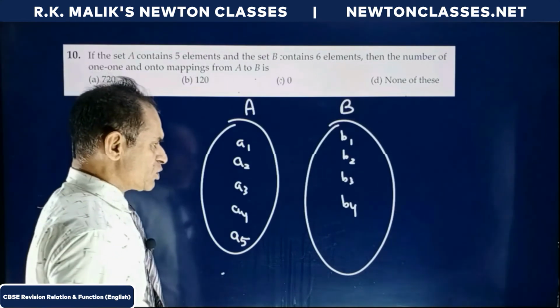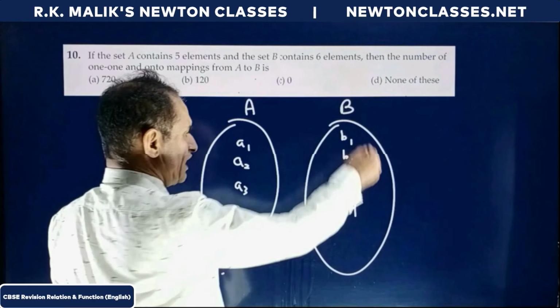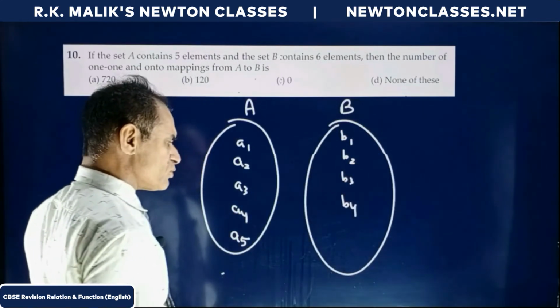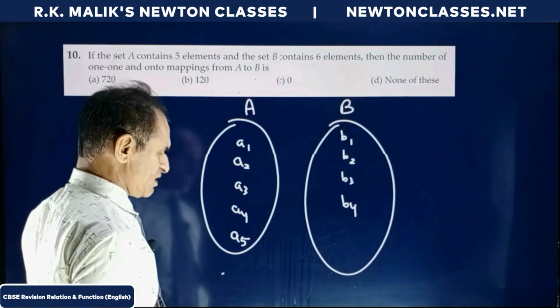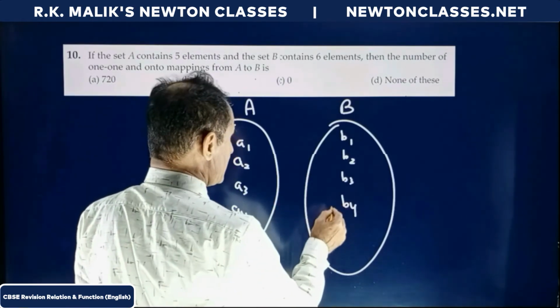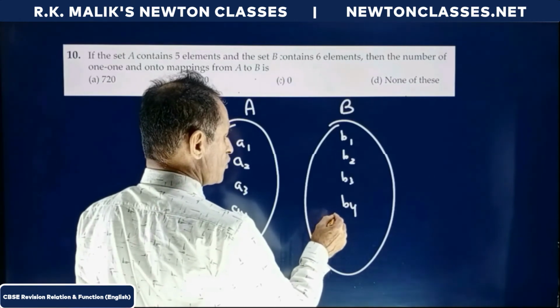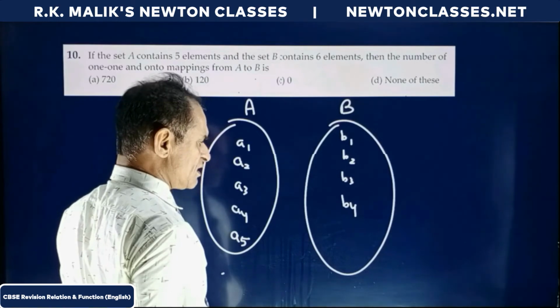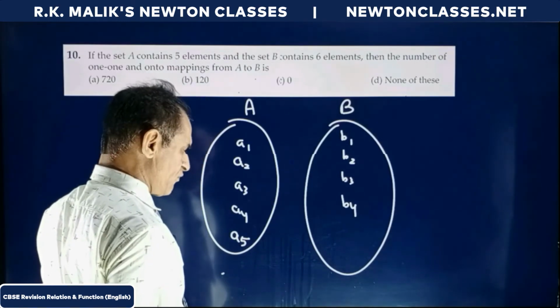because for the function to be 1-1, on every element of the codomain at the most one arrow should reach. If there is an element in B on which more than one arrow reaches, then the function will not be 1-1.